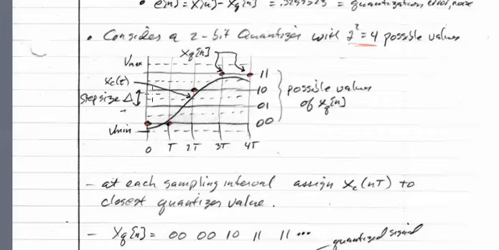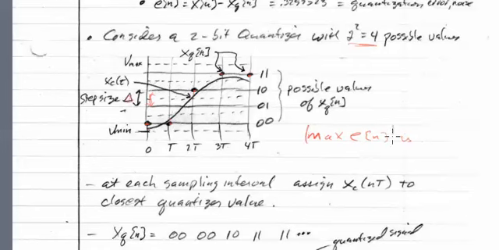The quantizer step size is this voltage difference between each level, and we're going to call that delta. So that's the quantizer step size, and I think it's clear that the maximum value of the error, well, let's take the absolute value.